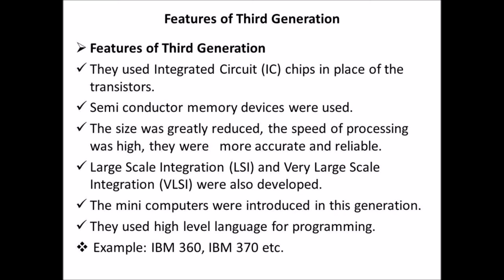Fourth one, large scale integration and very large scale integration were also developed. Fifth one, the mini computers were introduced in this generation. Sixth one, they used high level language for programming. Example, IBM 360, IBM 370.